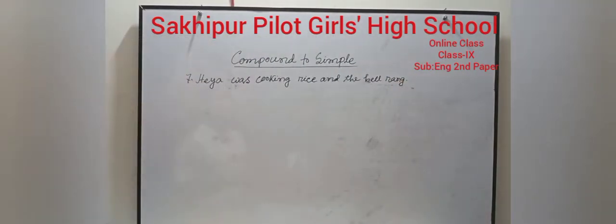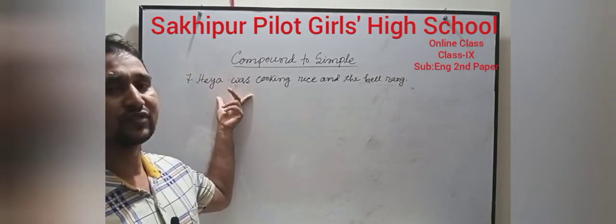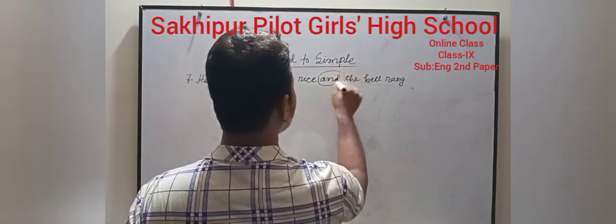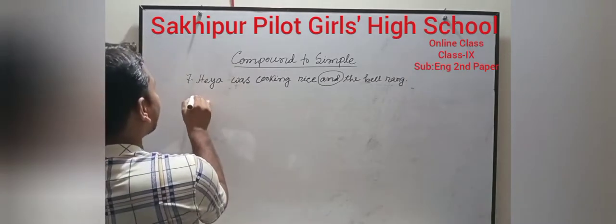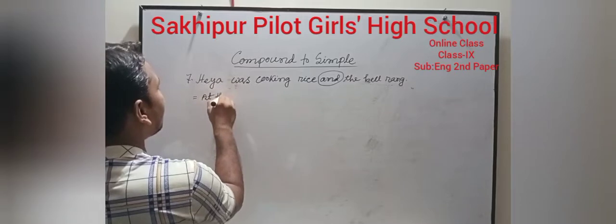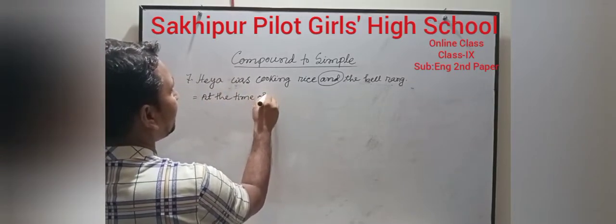If in the compound sentence the first clause is past continuous tense and there is the conjunction and, if you want to change it to simple sentence, at the beginning of the simple sentence you have to write at the time of.